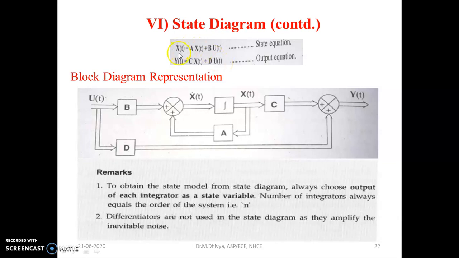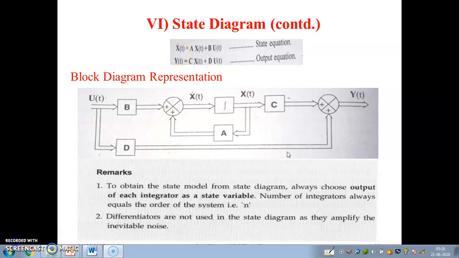And the input equation, or the state equation, is given by x dot of t is equal to A into x of t plus B into u of t. Now, the input will be u of t and the output will be y of t.